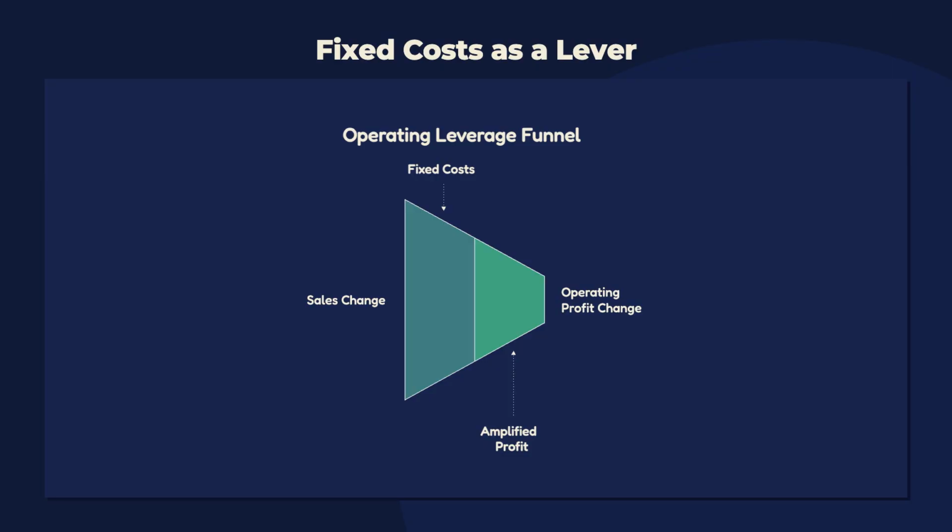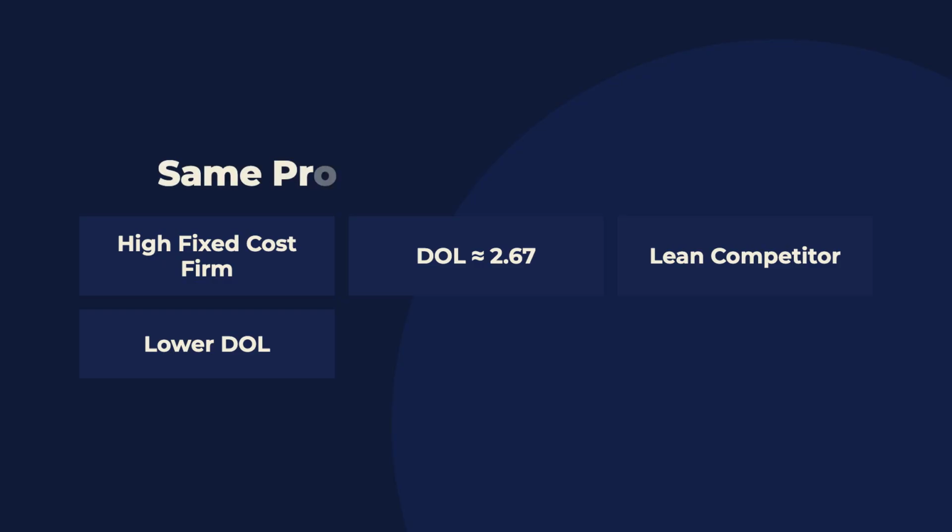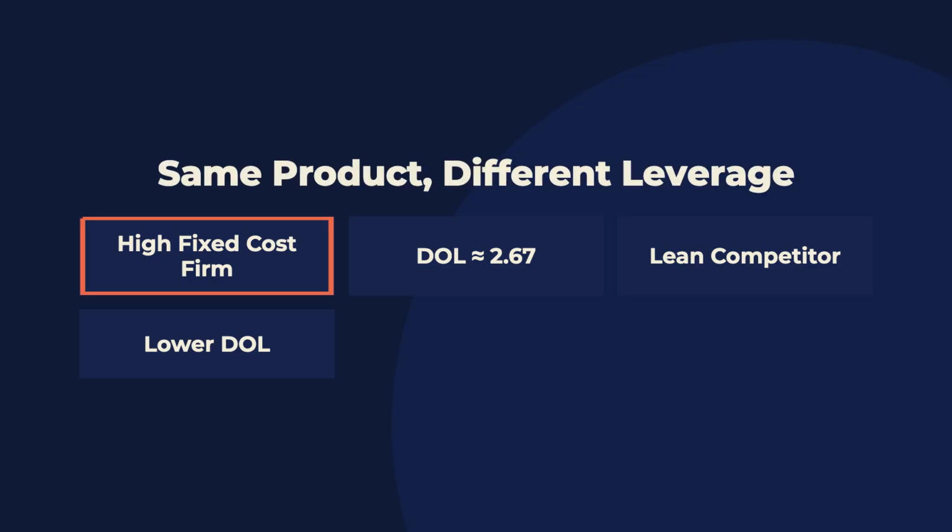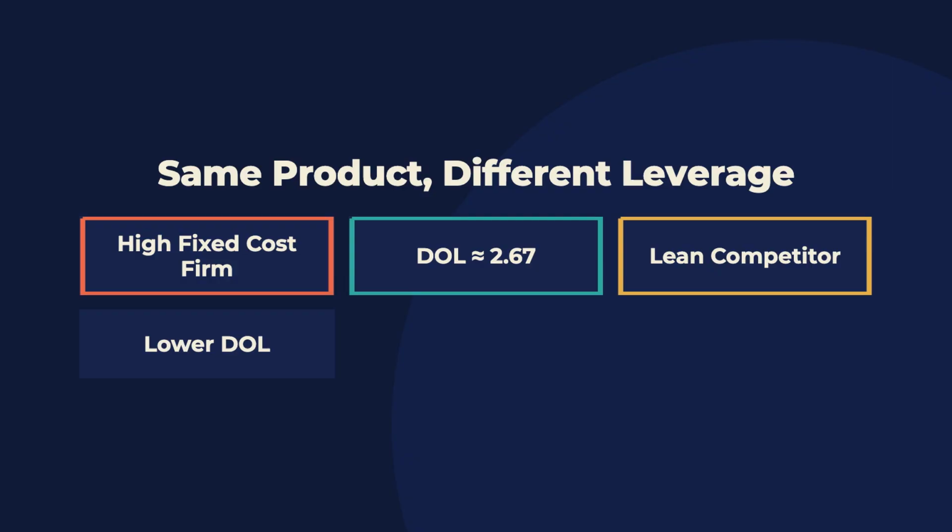Raising sales 10% to 8,800 units pushes operating profit up about 26.7%, almost exactly matching the 2.67 leverage figure times the 10% gain. A leaner competitor selling the identical part at the same price and variable cost, but with far lower fixed costs, earns the same contribution yet a much larger operating profit.